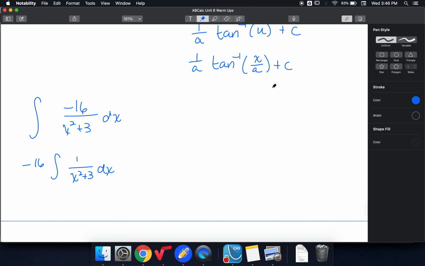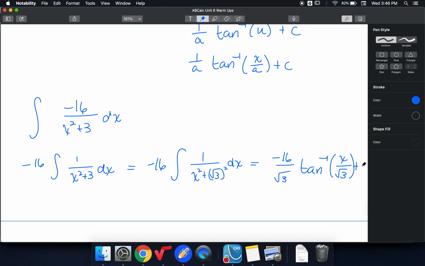Now you can either just straight away use this pattern and know that 3 is the same as square root of 3 squared. And so I can say that, okay, root 3 is my a, so that's going to lead me to negative 16 over root 3 tan inverse of x over root 3 plus c.